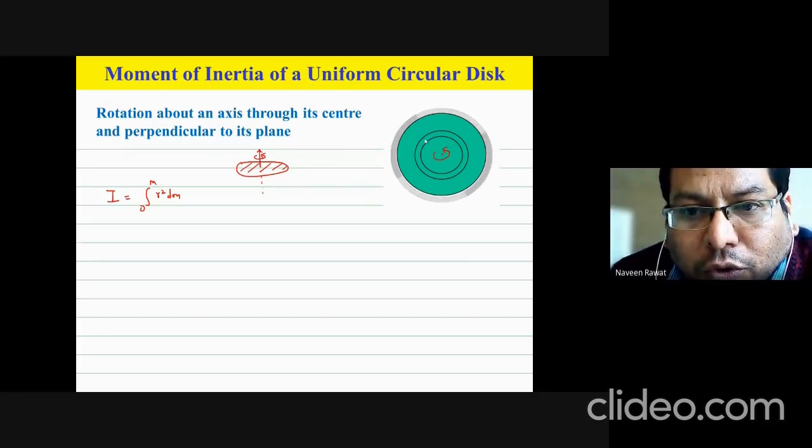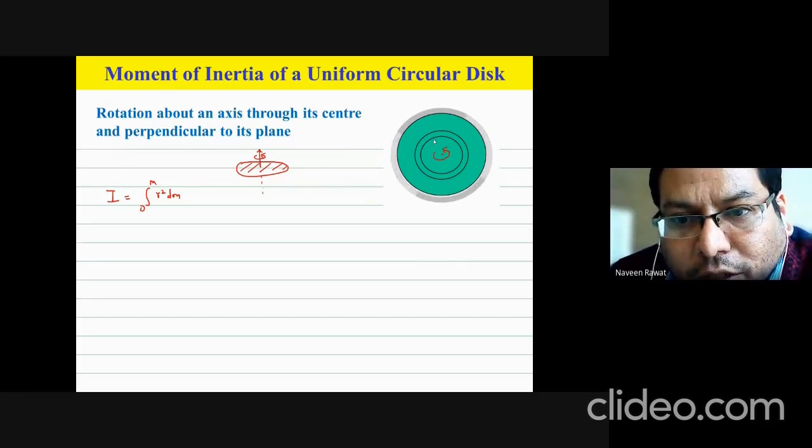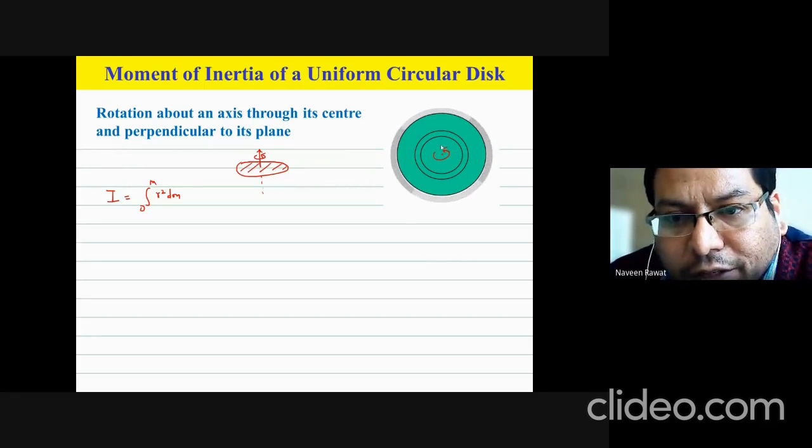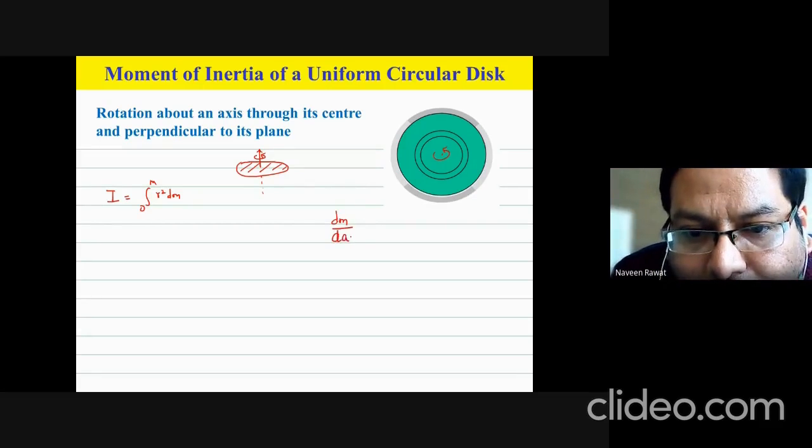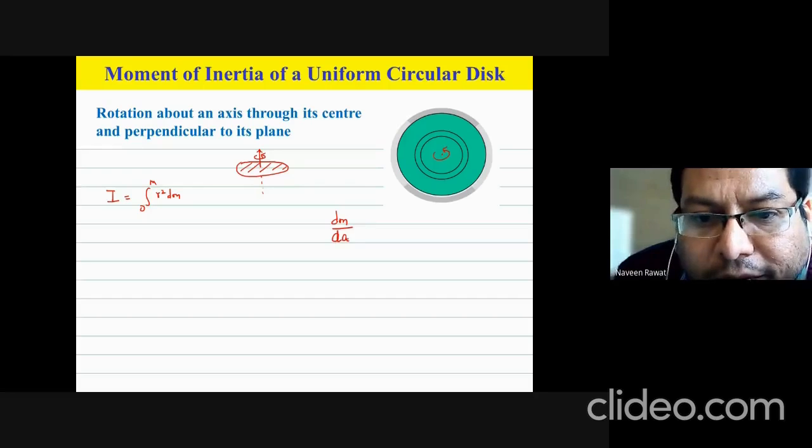Here in the dark, the two rings you are seeing are the small ring element that we have considered, and this ring element has a certain mass which is dm. It will have a certain area now because it's a two-dimensional case, which will be given by dA.